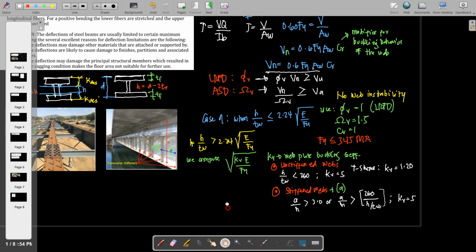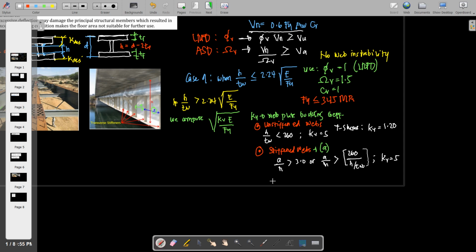Otherwise, if this would not be satisfied, meaning the A over H is less than 3, or this proportion should be less than this one, H all over TW, then the value of KV will be equal to this expression, 5 plus 5 all over the square of A over H. So those are the procedures for unstiffened webs and stiffened webs.